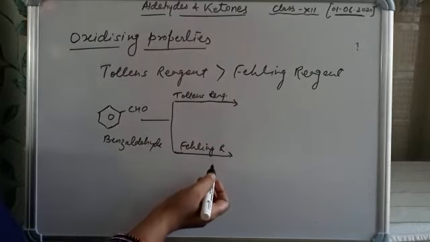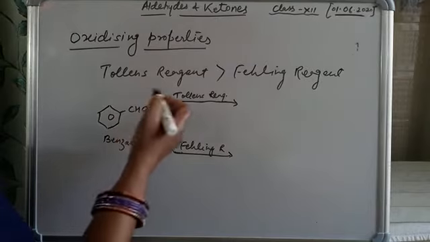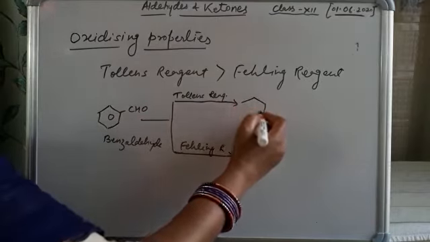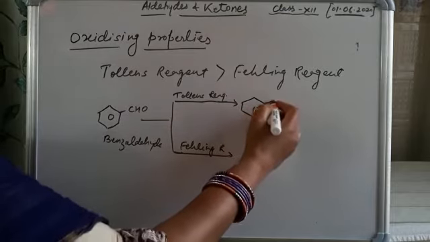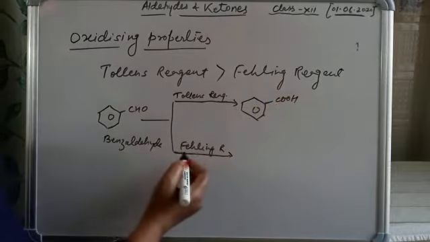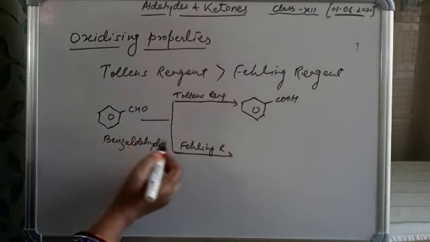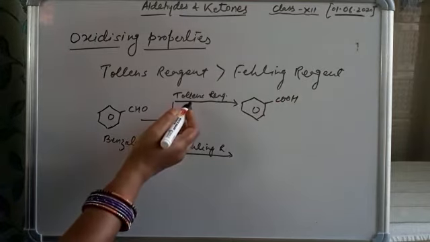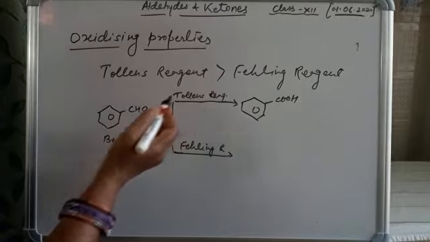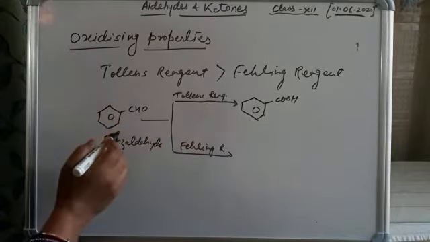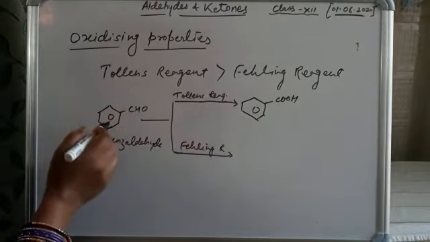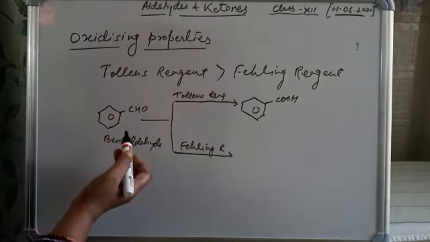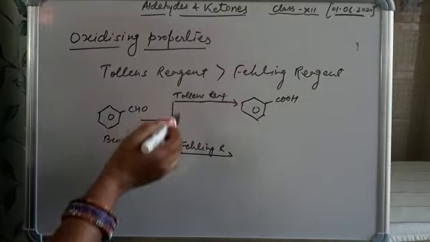The answer is that benzaldehyde, when treated with Tollens reagent, gets oxidized to acid. But in the presence of Fehling reagent, benzaldehyde does not oxidize. This shows that Tollens reagent has a slightly greater oxidizing property than the Fehling reagent.